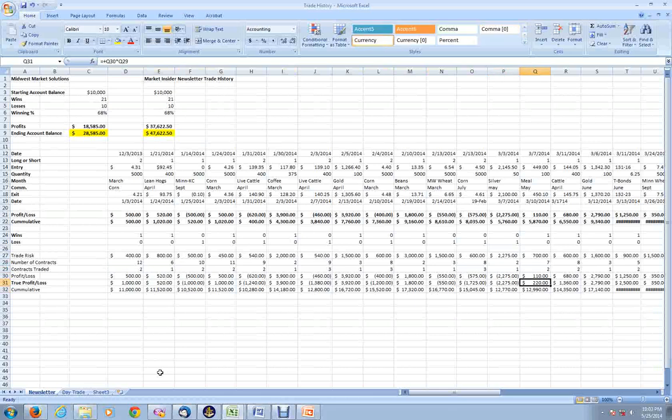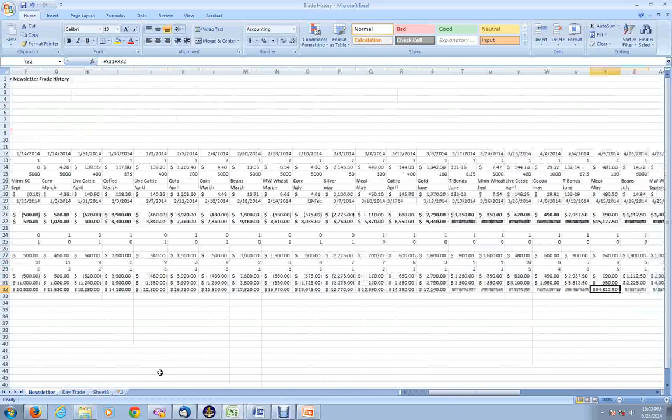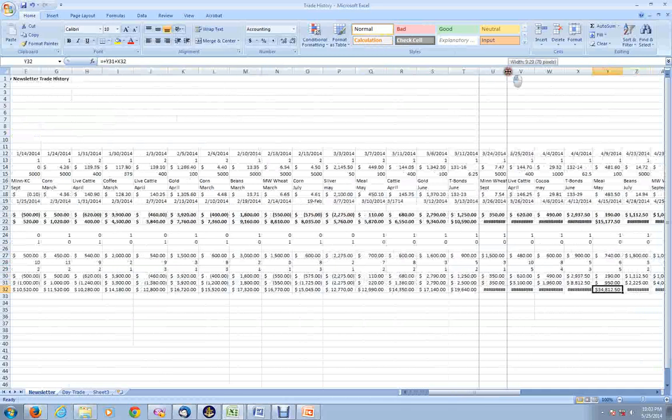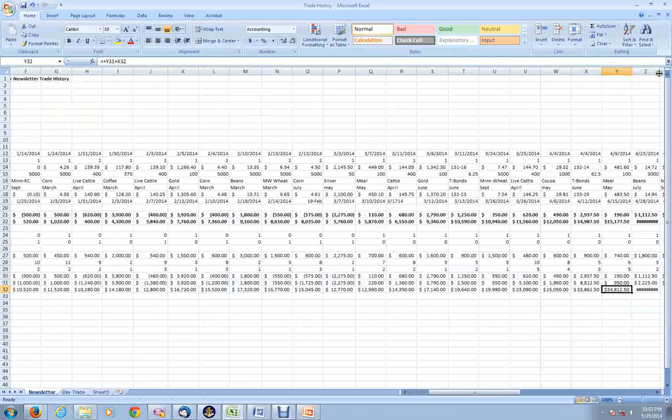Now we're starting to see some more wins. We had a little bit of pickup here, another pickup in wins, and we keep going. Get these columns a little bit larger so we can see our account balance grow. So you can see now that we're trading, follow where the cursor is, we're trading 5 contracts of cattle instead of 1 or 2, and we made $3,100 on this trade.